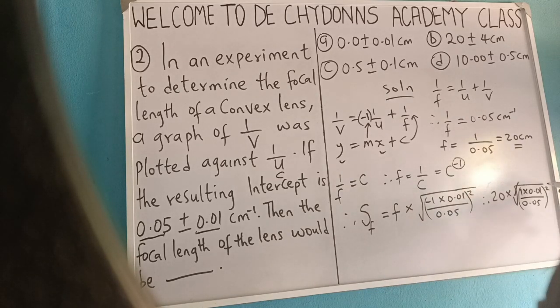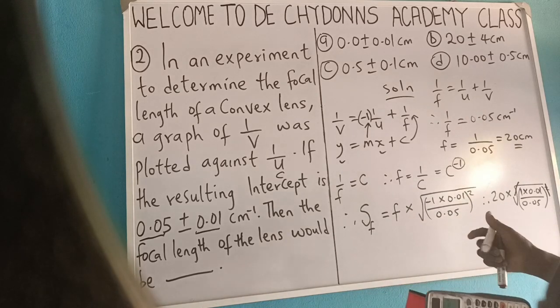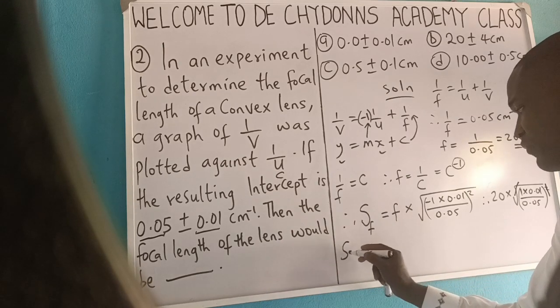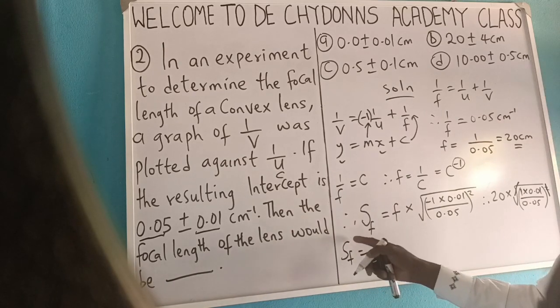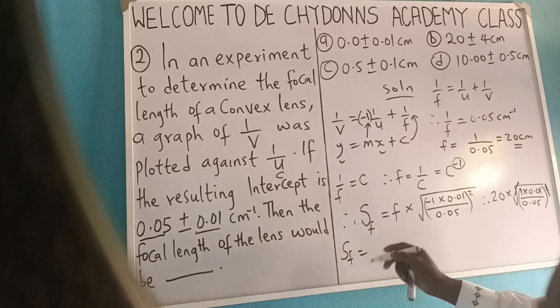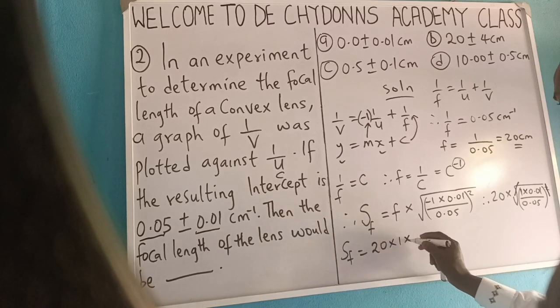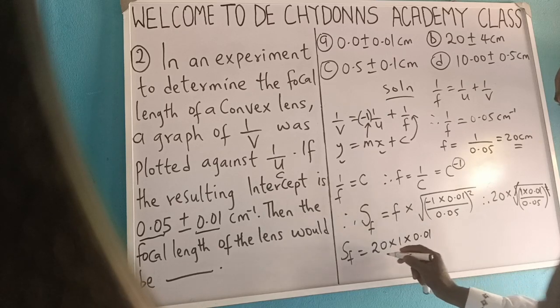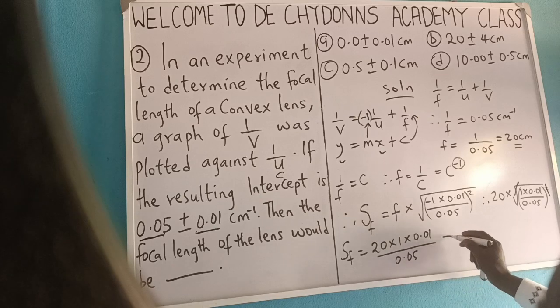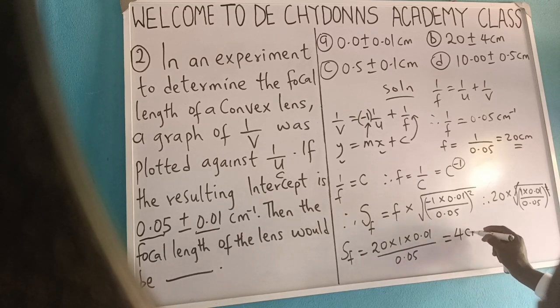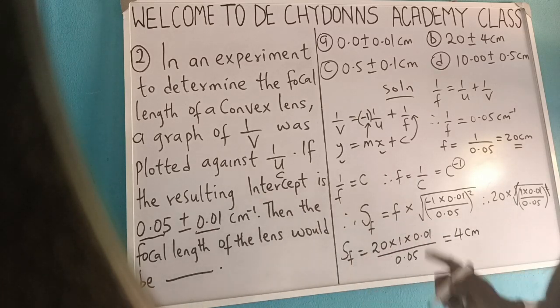So I will be pressing my calculator: S of f, the standard error in getting focal length, is equal to 20 times 1 times 0.01 all over 0.05. And that will be 4 cm. That is the error in getting f.